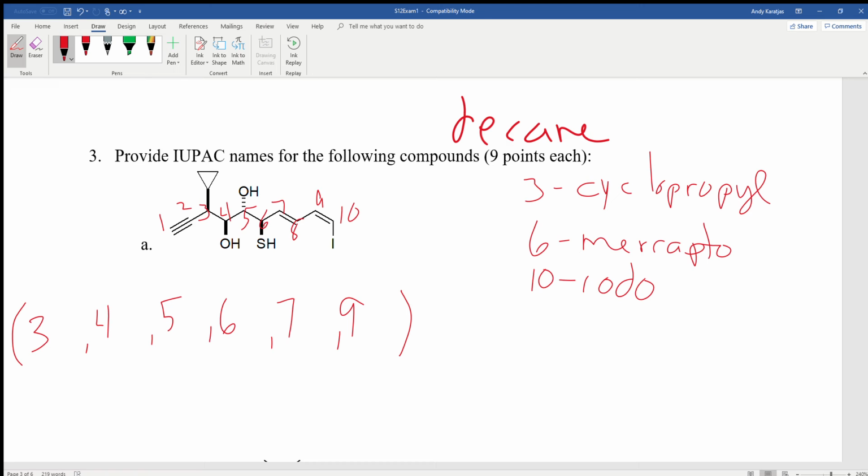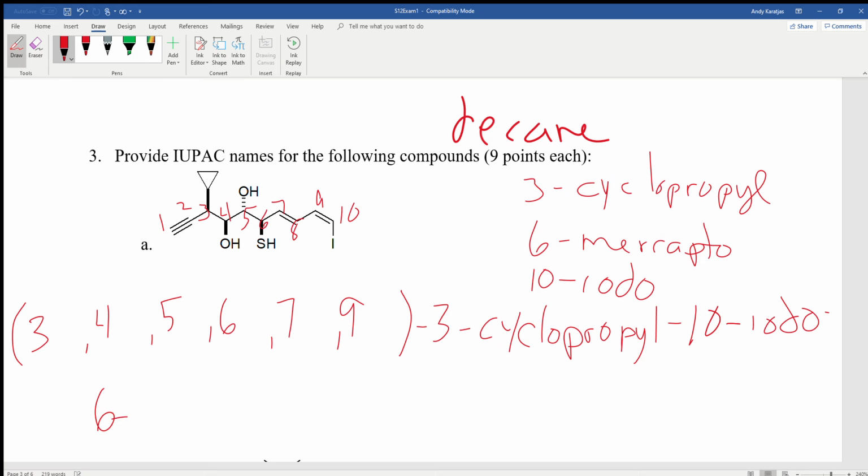Let's now put the substituents in alphabetical order. So that's 3 cyclopropyl, 10 iodo, 6 mercapto. And then comes our parent name.